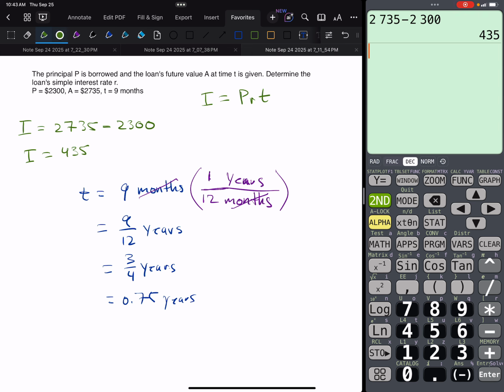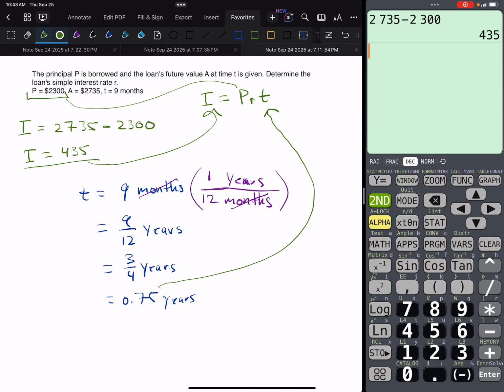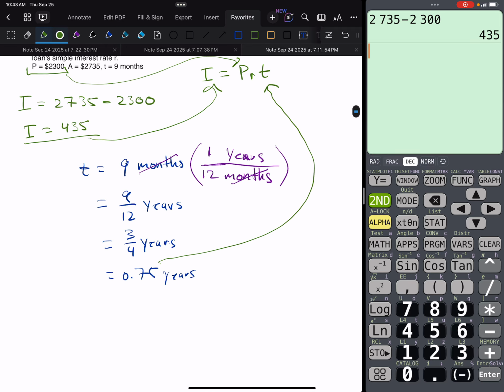Okay, back to our calculation. We want to take that I, plug it in for I. We want to take 0.75, plug it in for my time. And then we want to take the P that we were given, that 2,300 at the beginning, plug it in for principal, and see what kind of numbers we get. So my I was 435, and that's going to equal my 2,300.